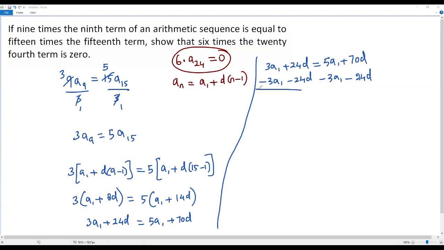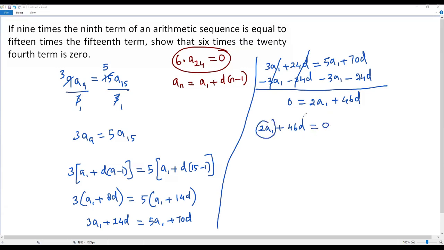The left side becomes 0. On the right side, combining 5a1 and negative 3a1, I get 2a1, and combining 70d and negative 24d, I get 46d. For convenience, let me write this on the left side and 0 on the right: 2a1 plus 46d equals 0.